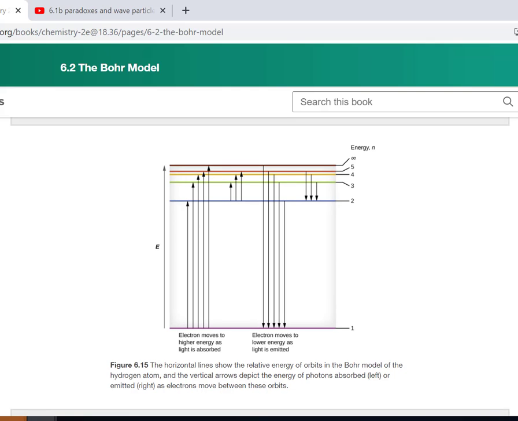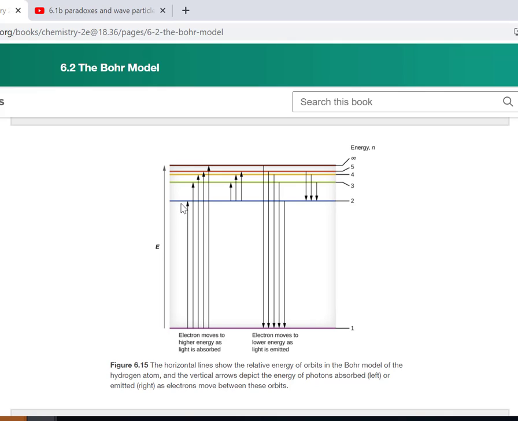How this actually works is we have electrons that start out in the first energy level, and when energy goes into the electrons in some way, maybe again an electric field, they will absorb that energy and go up to the second energy level.